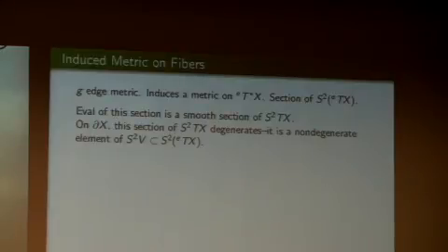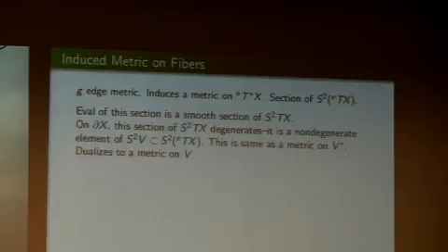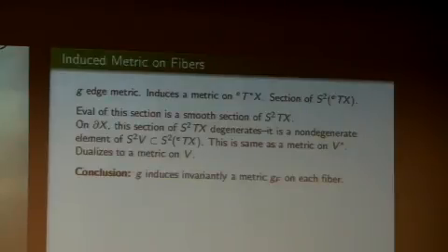Now we dualize that again. That's a non-degenerate thing, so it is the same as a metric on V star. We dualize that, and we get a metric on it. So every fiber has a natural Riemannian metric that comes about via this procedure, a completely invariant thing. The conclusion is that we get a metric on each fiber.